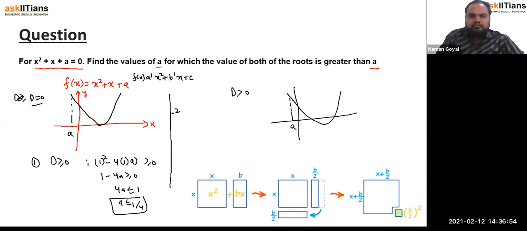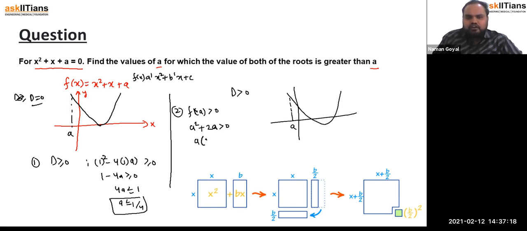Okay, second is what? f of a must be positive, right? f of a is what? Positive. Okay, so f of a is greater than 0. So what is f of a? a square plus a becomes 2a, should be greater than 0.